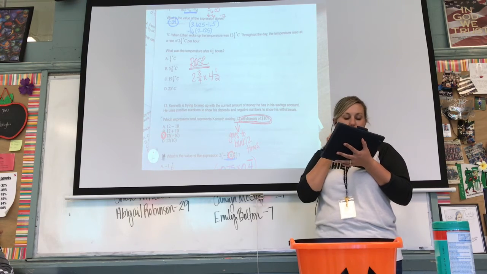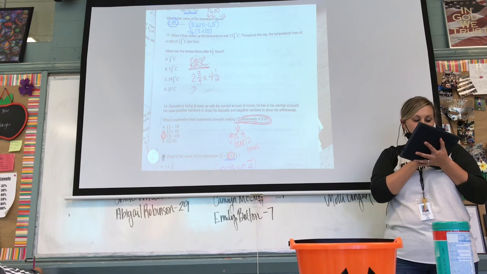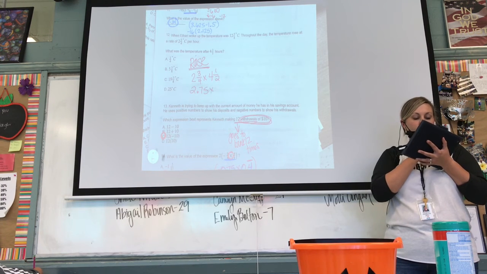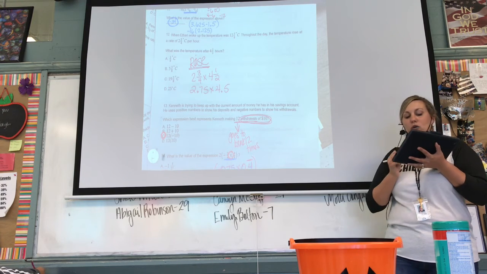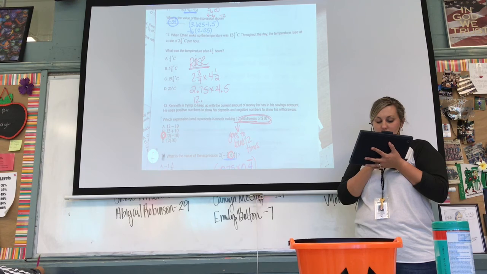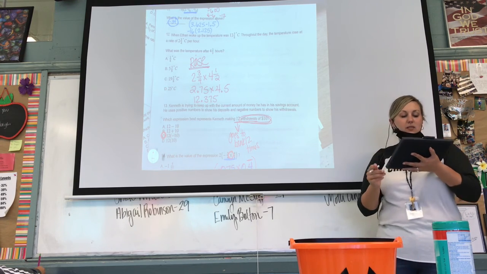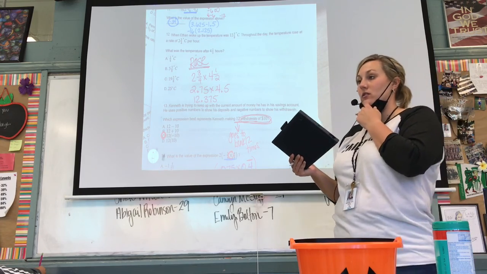What is 2 3/4? It is 2.75. What is 4 1/2? 4.5. If you multiply those together, what does it give you? 25. All right, now sometimes they'll pick that to be an answer choice. 12 3/8. And you'll pick it.